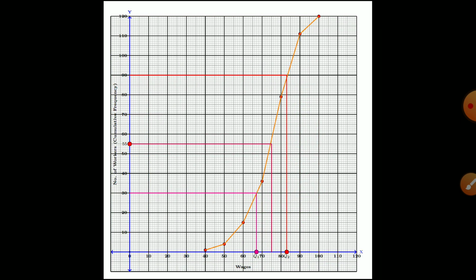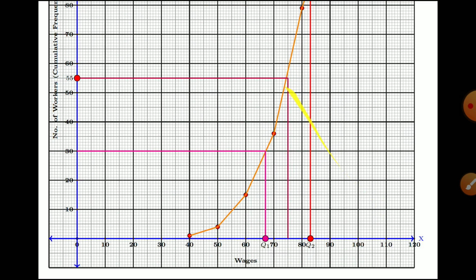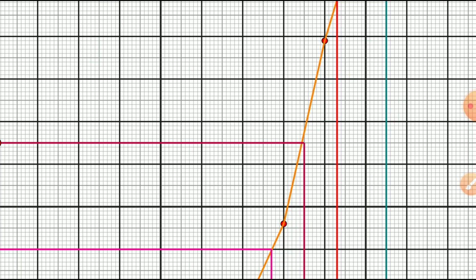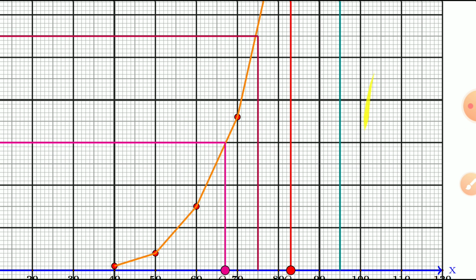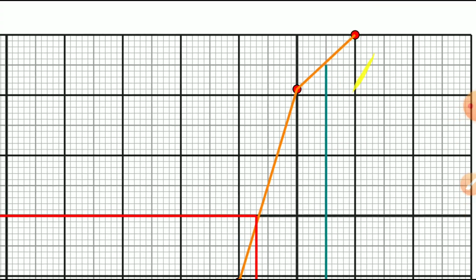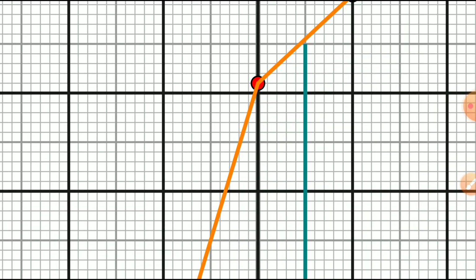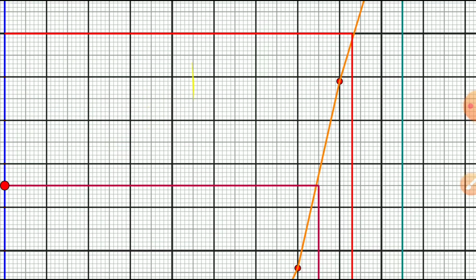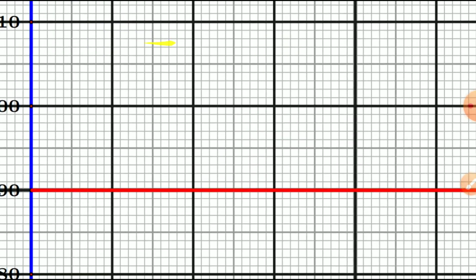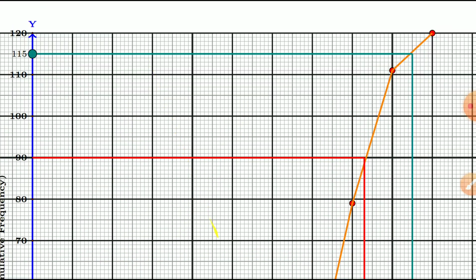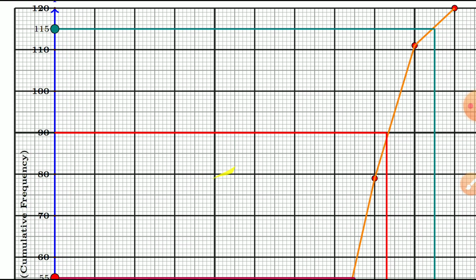95 means wages 95, which we find on the x-axis, and it will appear somewhere here. See here, the 95 line is the green line. It crosses our Ogive curve at this point, and from this point we draw one horizontal line, and that horizontal line crosses our y-axis at this point, and the value is 115.